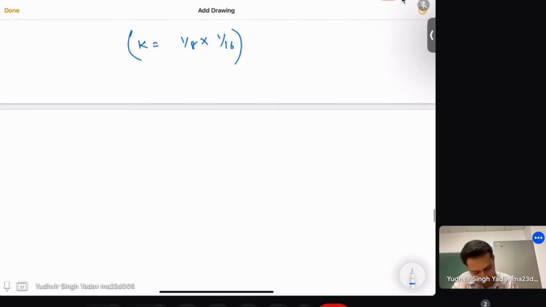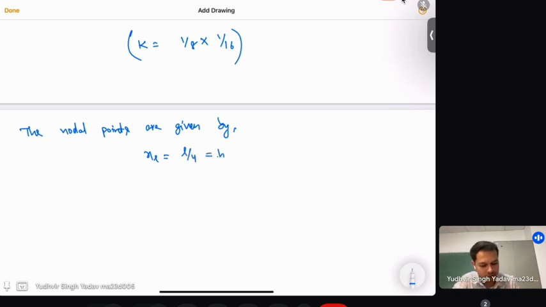Now we will see the solution for this problem. Here we will use the ADI method. So first we will see the nodal points. The nodal points are given by x_L in the x direction, which is L by 4, nothing but Lh. Since h is given as 1 by 4, it will be L by 4. And y_M is M by 4.